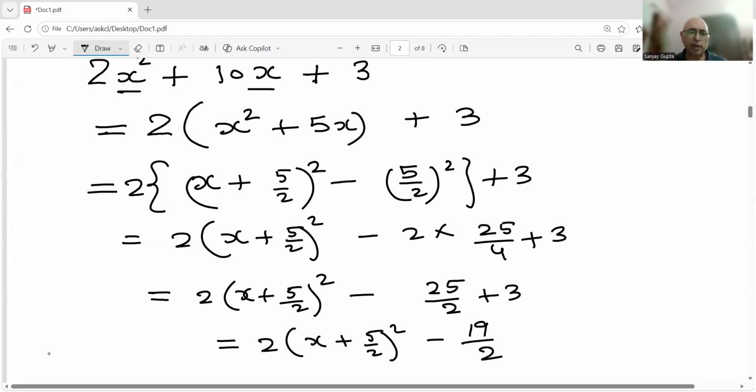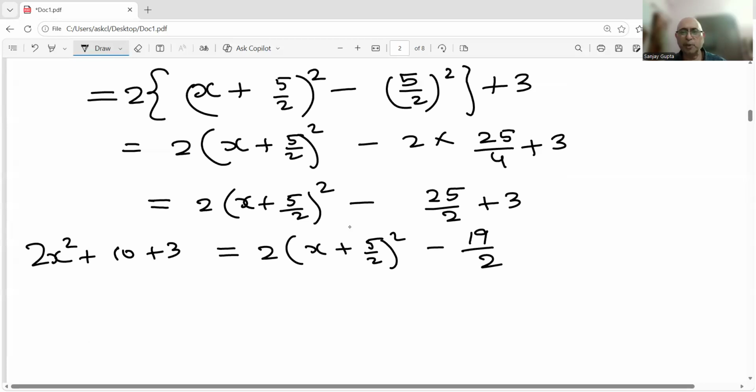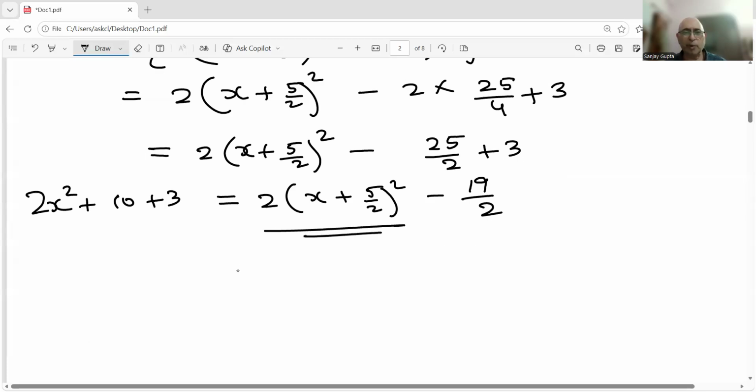So your 2x squared plus 10x plus 3 ends up as this form, which is called the completed the square form. Which is the form of like x plus a whole square, let's say plus b, right? And some constant has been taken outside.